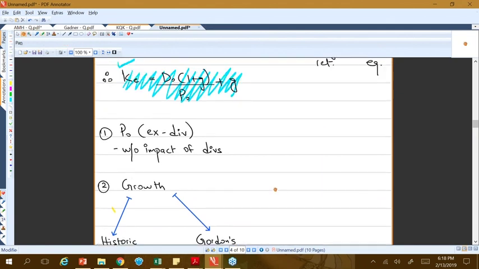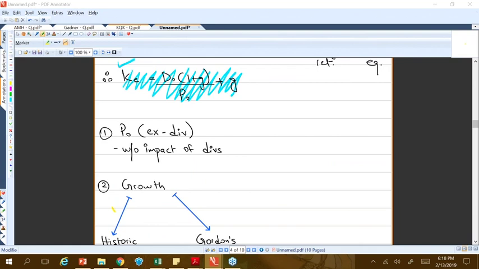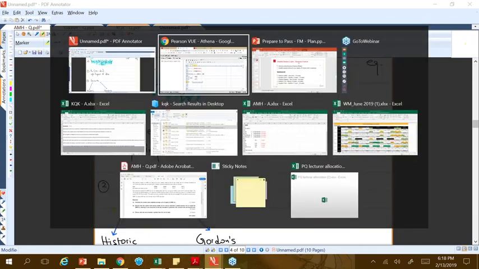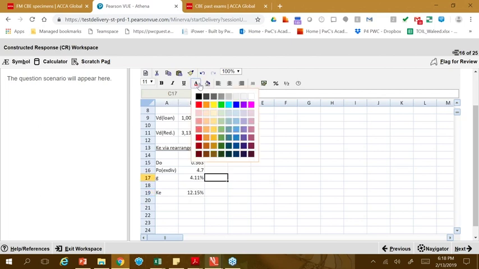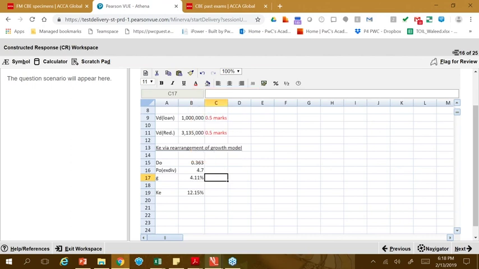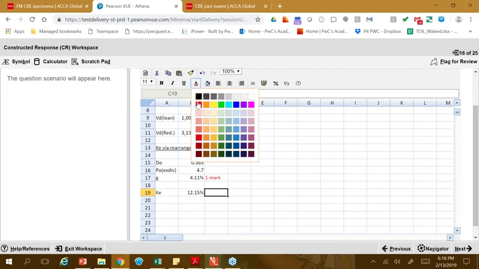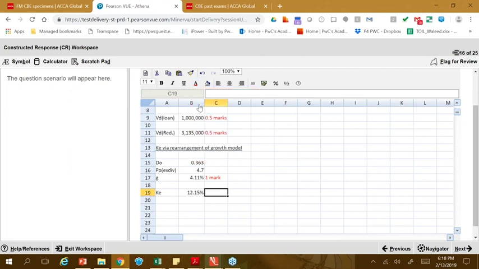Once we do this, we can show the KE as a percentage, and we get 12.15% as the KE. Now, at this point, I have secured 3 marks. There is 1 mark for working out the growth, and there are 2 marks for working out the KE. So 3 marks on the KE calculation.